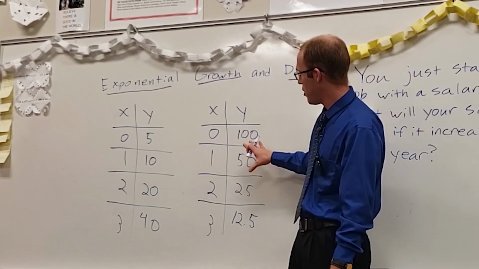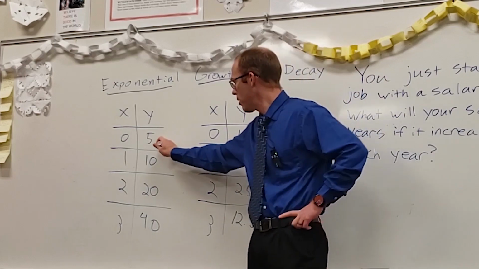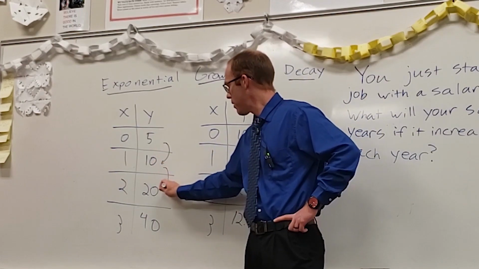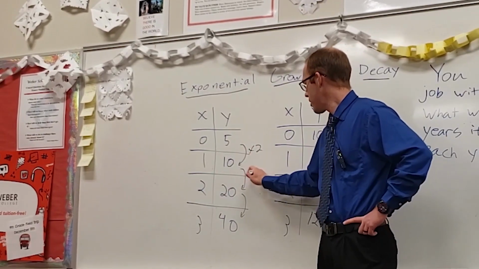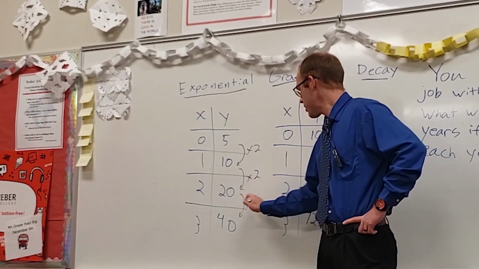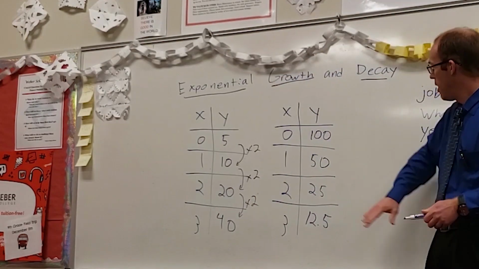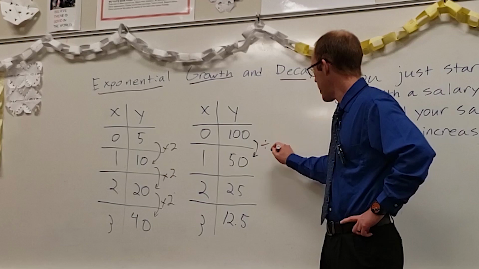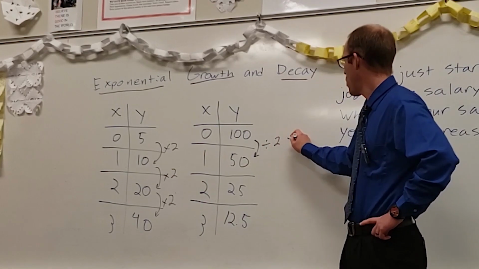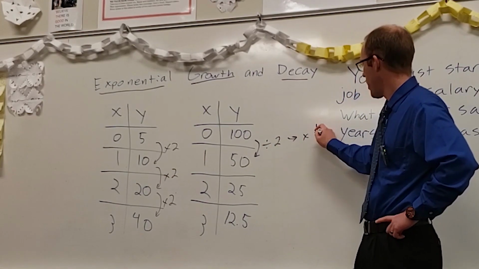Just a quick review for exponential. Here's a couple of exponential functions that I've written down here. On this first one, we can see that from step to step, we multiply by a set value. In this case, it is multiplied by 2. This function, from step to step, divides by 2 or multiplies by 1/2.